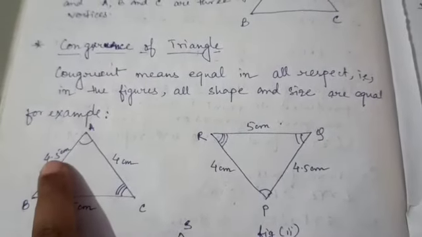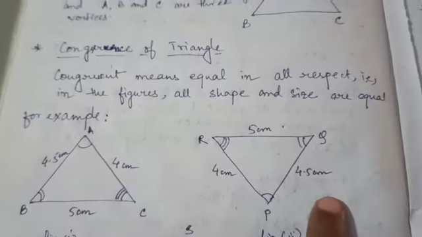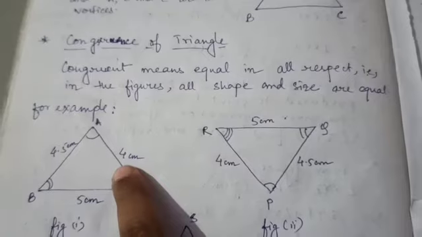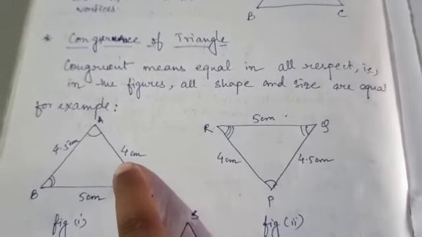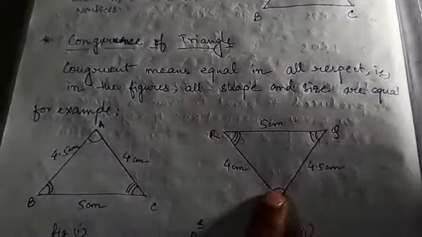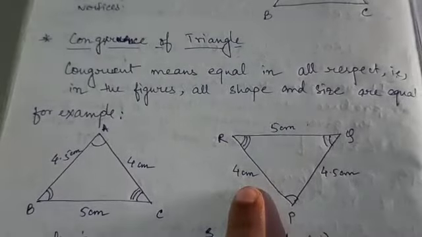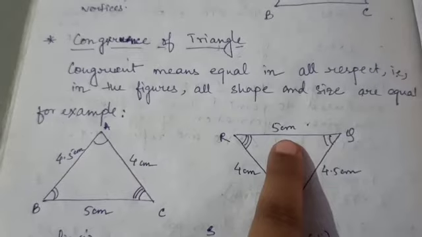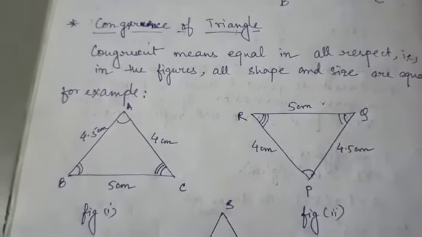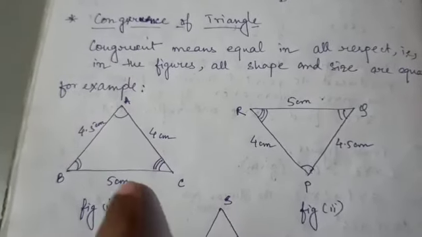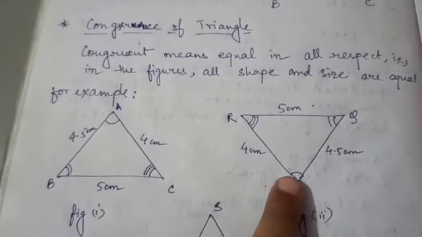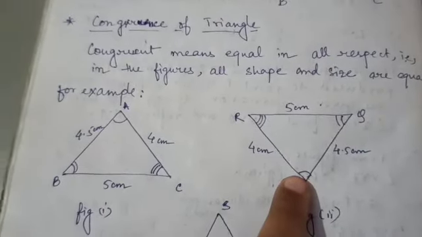That means AB of 4.5 is equal to PQ of 4.5, AC of 4 centimeter is equal to PR of 4 centimeter and BC is equal to QR of 5 centimeter. Okay, so the sides as well as the angles are equal. So we can say figure 1 and figure 2 are congruent to each other.